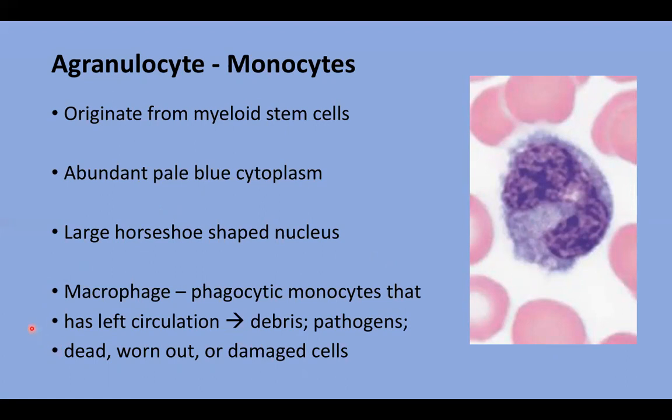So macrophages are phagocytic monocytes. So remember, a phagocytic cell is a cell that is going to engulf and kind of like eat another cell. So when the monocytes leave circulation, they become macrophages, and they will engulf debris that they find, any kind of pathogens, dead, worn out, damaged cells.